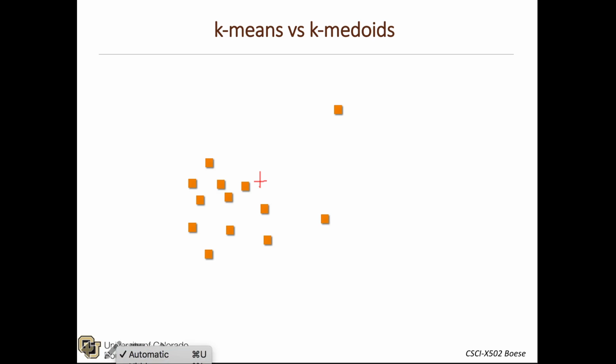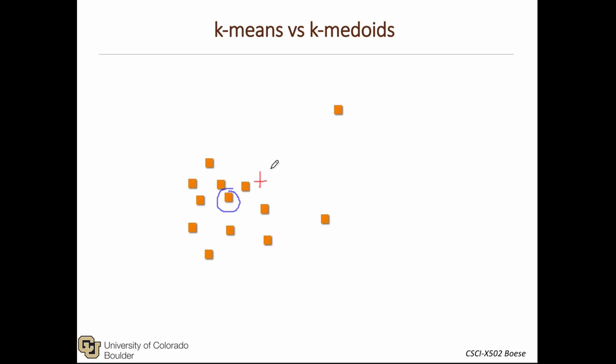As opposed to that, the other option we're going to look at is k-medoids, which is a similar style to k-means, but instead of calculating the mean, we pick out one of these objects to represent the centroid. So it's not a calculation; we're going to choose this particular object to represent the centroid.